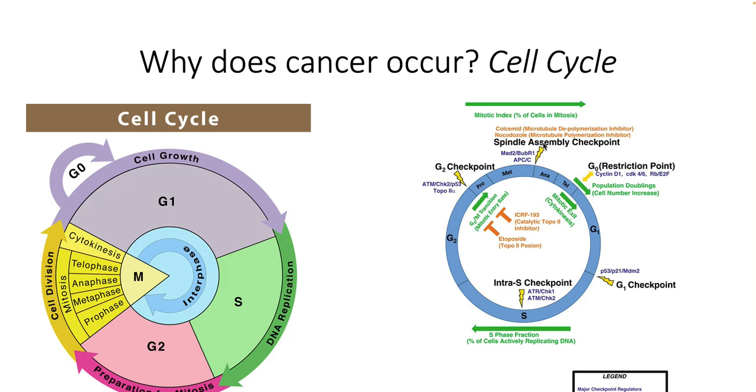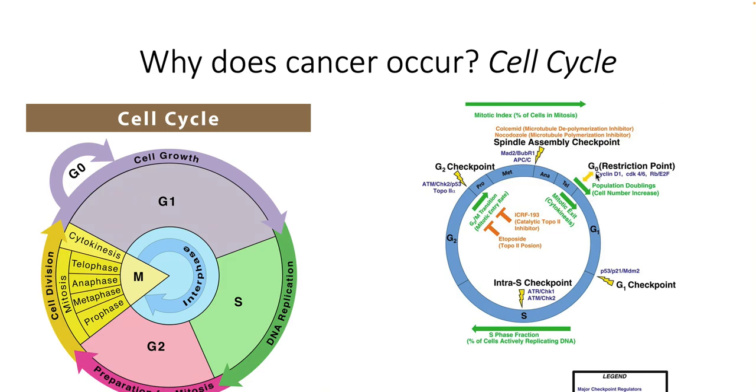But there are 5 crucial checkpoints. There's the spindle assembly checkpoint, which happens mid-mitosis and basically makes sure that all the spindle fibers have attached to the chromosomes and they're now lining up at the anaphase plate.